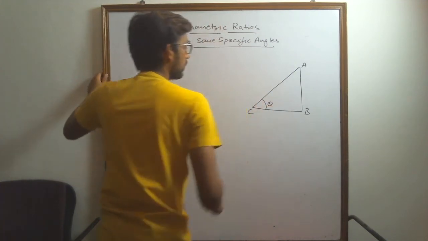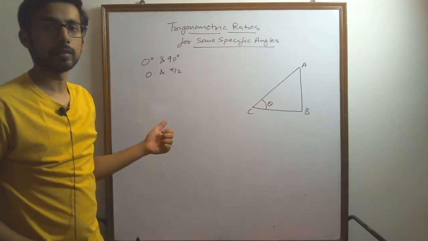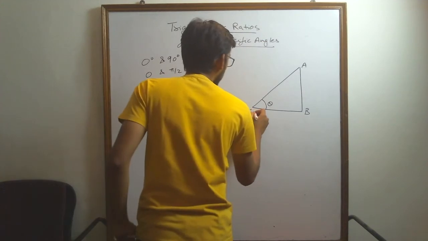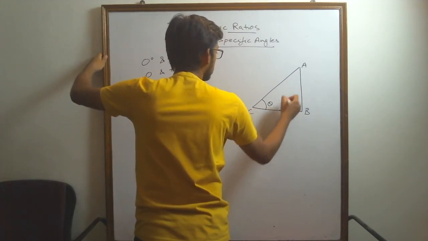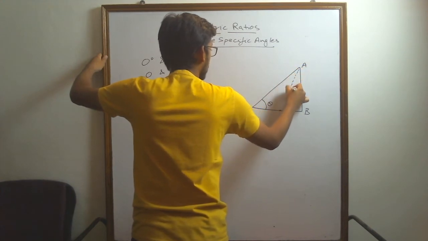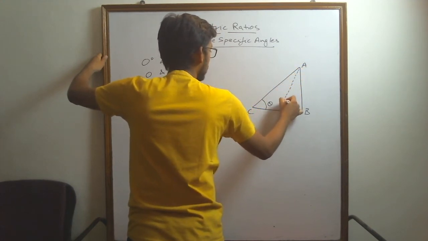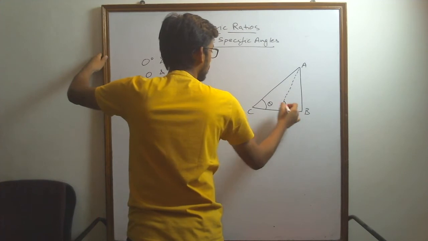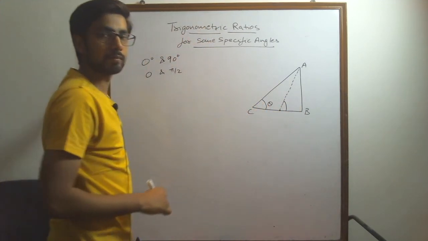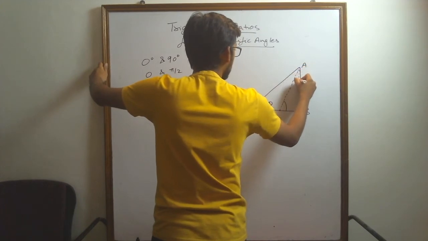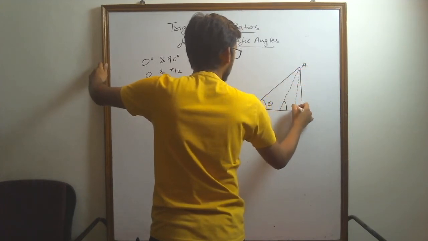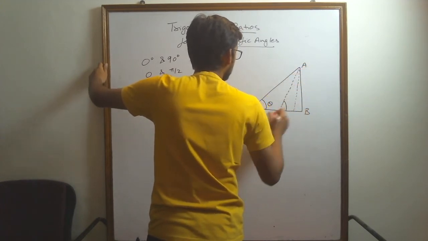If I want to make this angle 90 degrees, what will I do? I will move C closer and closer to B. Suppose I bring C here and join it to A. Then this angle is bigger than this angle. It is larger. Similarly, if I keep bringing C closer and closer to B, the angle keeps increasing and increasing.